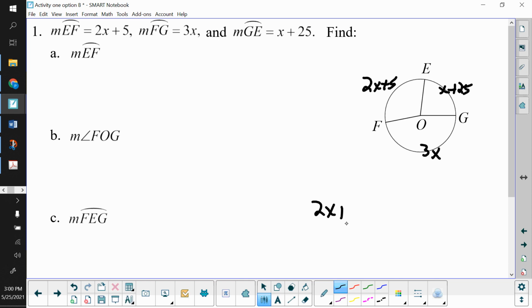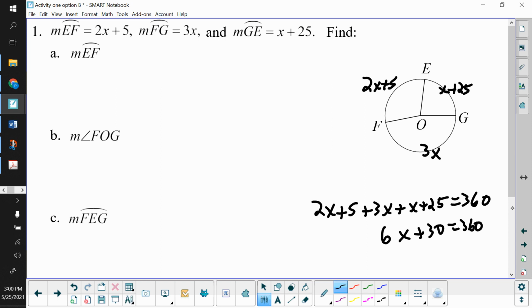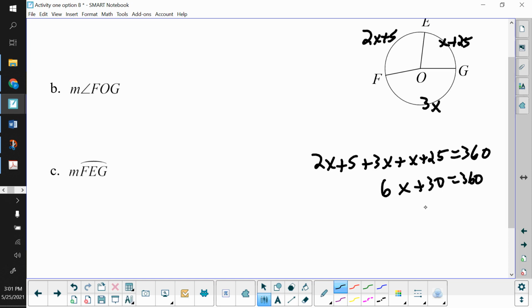So we would do 2x plus 5 plus 3x plus x plus 25 equals 360. Combining our like terms, we would get 6x plus 30 equals 360. We could subtract our 30 over, and that would tell us that 6x is equal to 330.